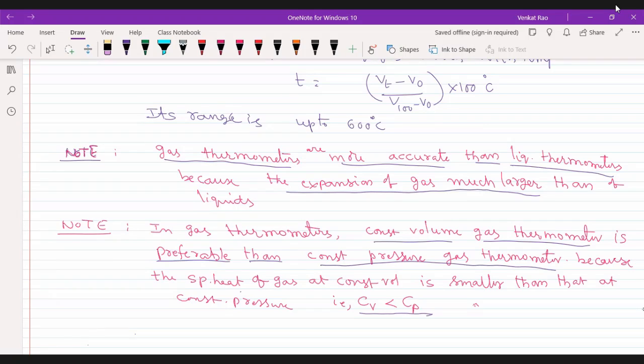Similarly, boiling point of water or steam point is by Celsius specified as 100, but it is not a constant value. Boiling temperature of water varies with pressure. Whenever you heat water, it boils at 100.